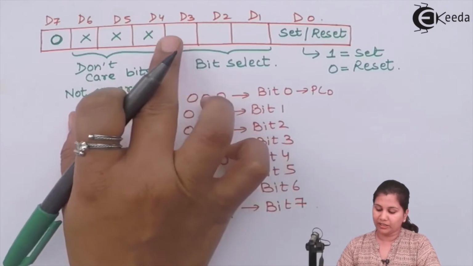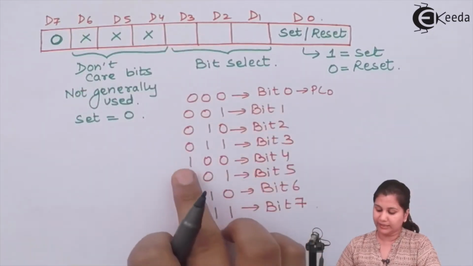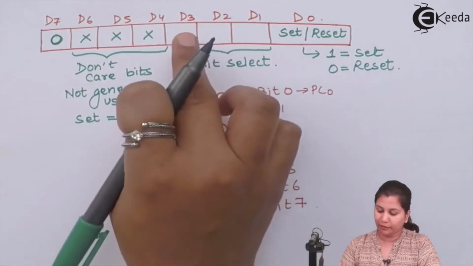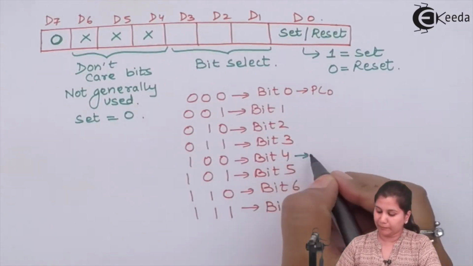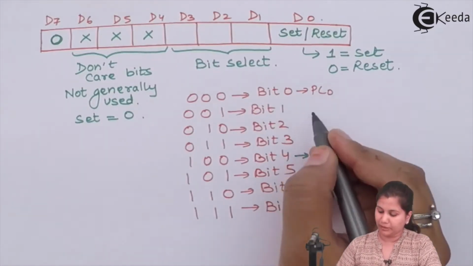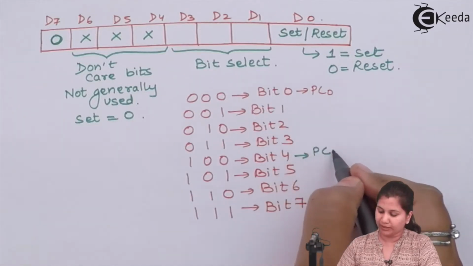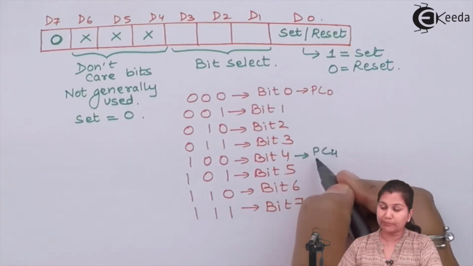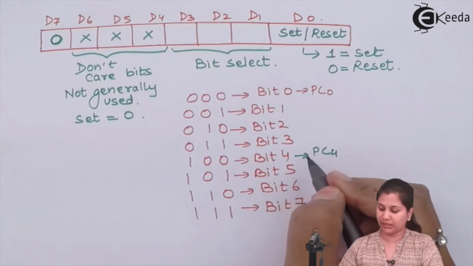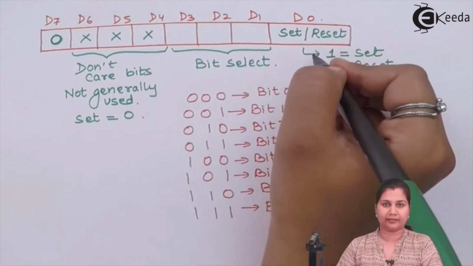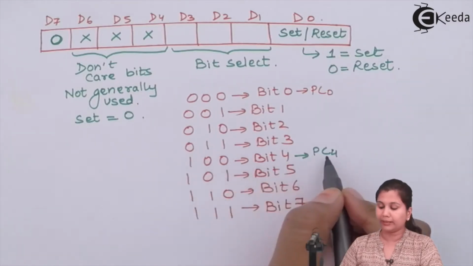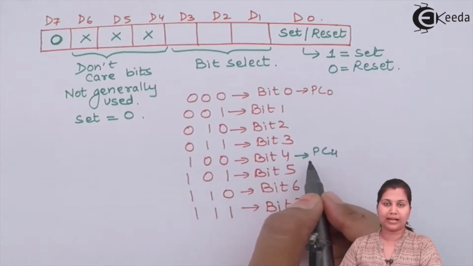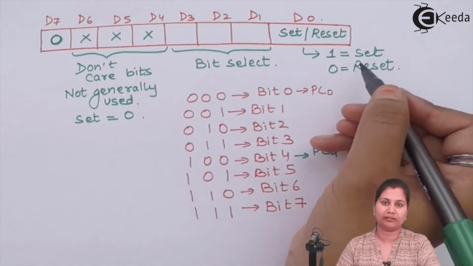Suppose we have here the address 100. So bit 4 will be selected, that means PC4 of port C will be set if D0 is 1. If it is 0 and this is 100, then port C's fourth bit, that is PC4, is going to be reset.